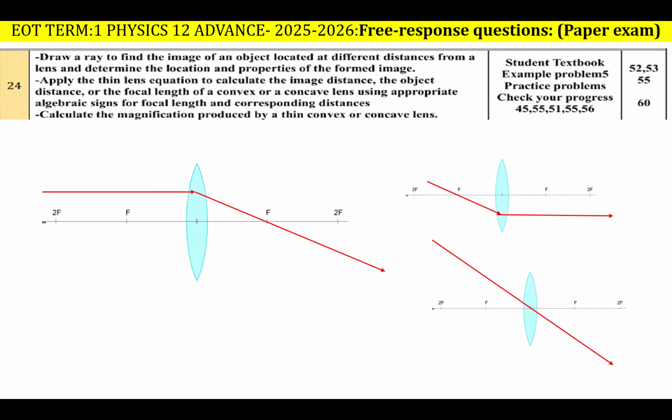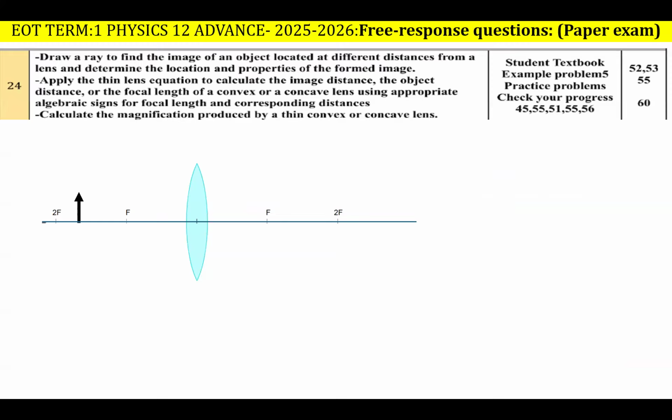So these are the three principal rays we can use for drawing. You can use any two of these principal rays. Okay, let's see how to draw image formation.